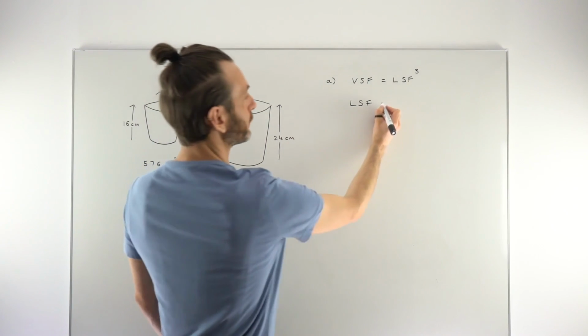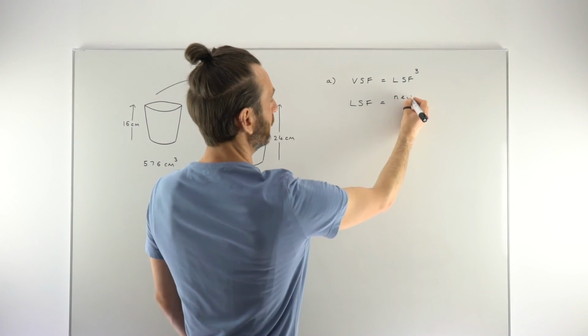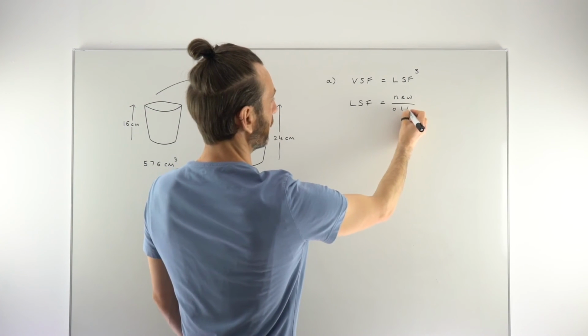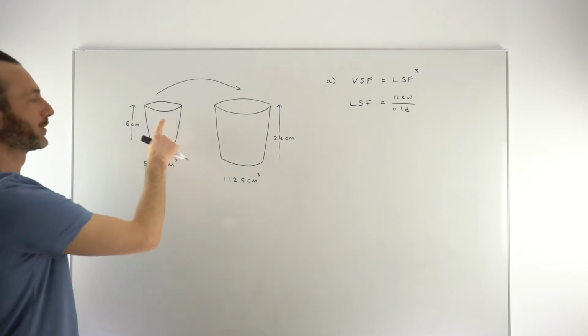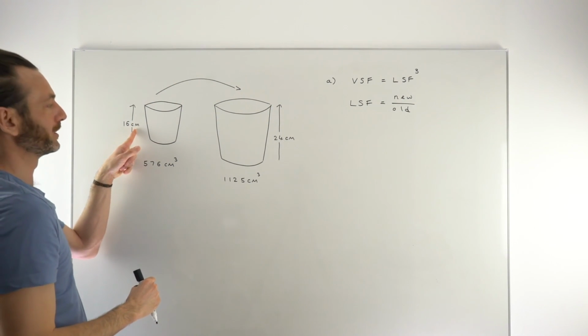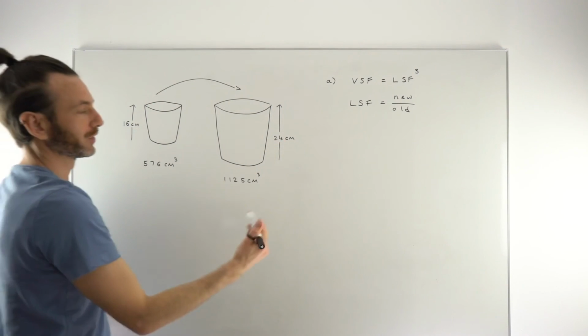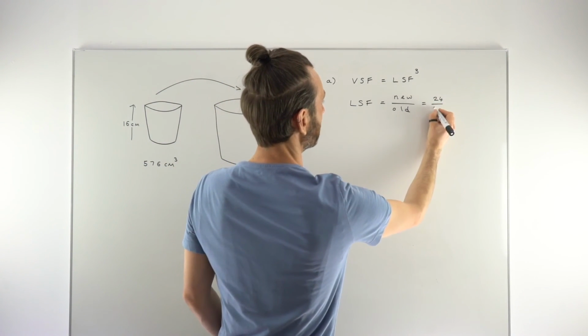There's an informal formula you can use for the linear scale factor, which is the new dimension divided by the old. So new refers to the shape that we're going to, and the old is the one we're starting with. So in our case, we're going to start with the 16. That's going to be the old. The 24 is going to be the new. So this is going to be 24 divided by 16.